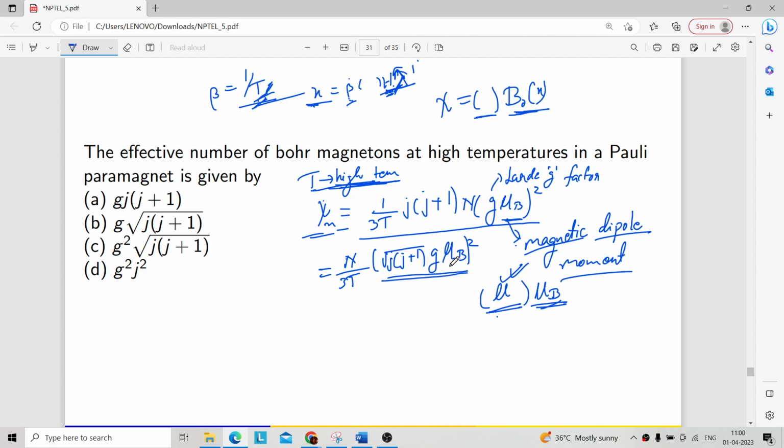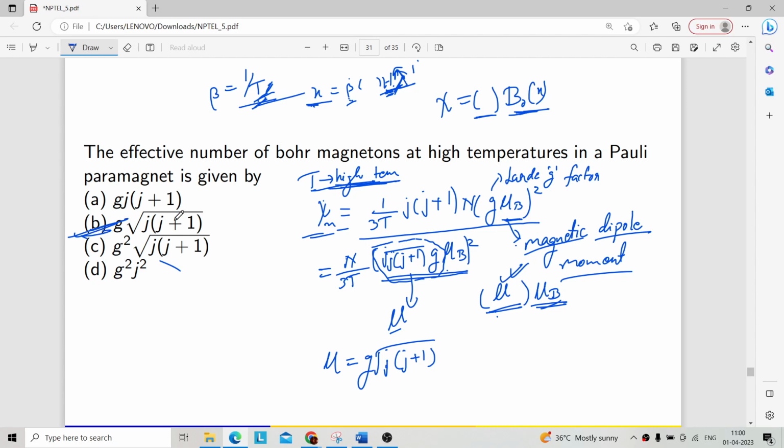So you see the coefficient of mu B is this term, and this is the magnetic moment. Mu is G times the square root of J into J plus 1. So this is the answer.